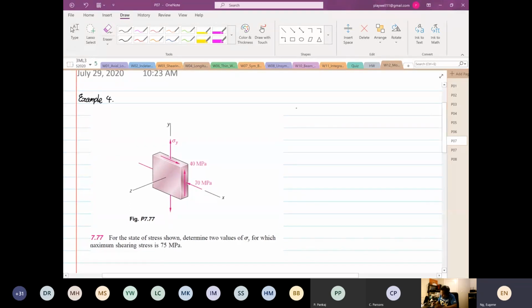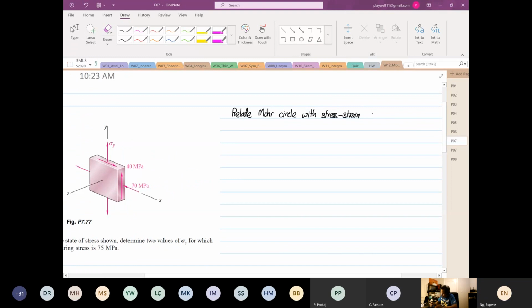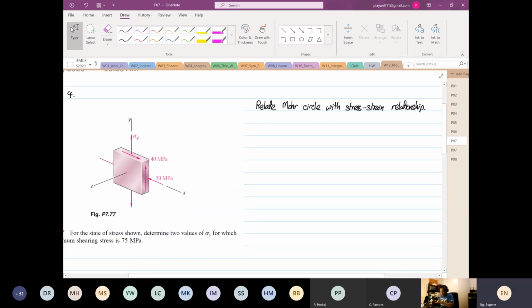We are going to relate Mohr circle with stress strain curve. Okay, we're going to relate it.